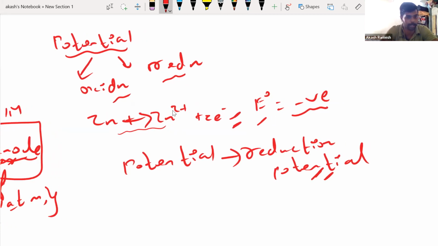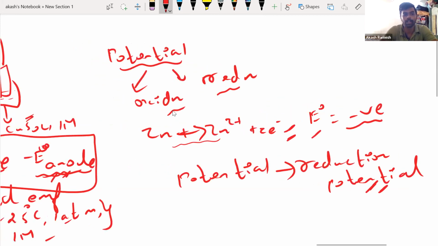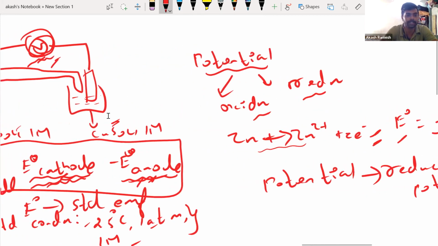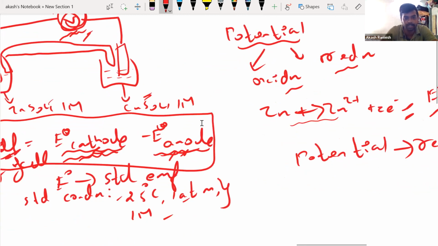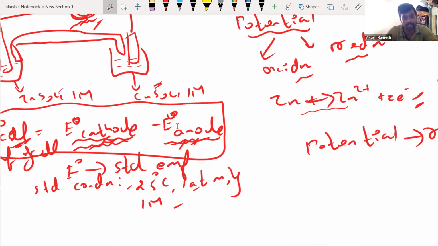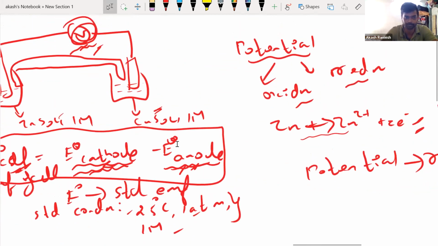So for now, remember that there is oxidation potential and reduction potential, but we are not going to use oxidation potential at all. When I say potential, we always use only reduction potential. Now we are going to see how to find the reduction potential of an individual element.